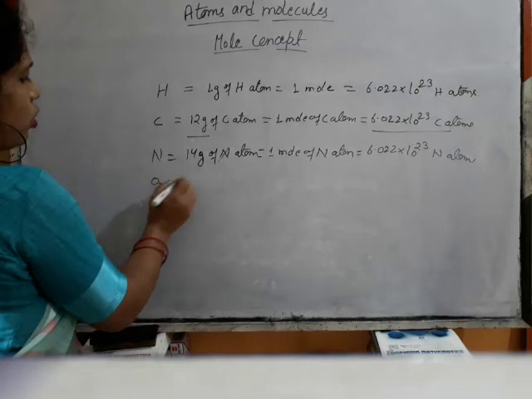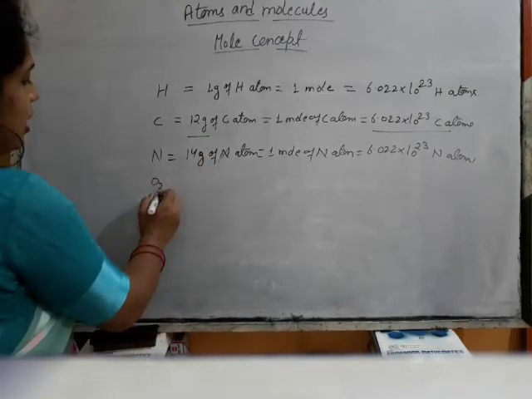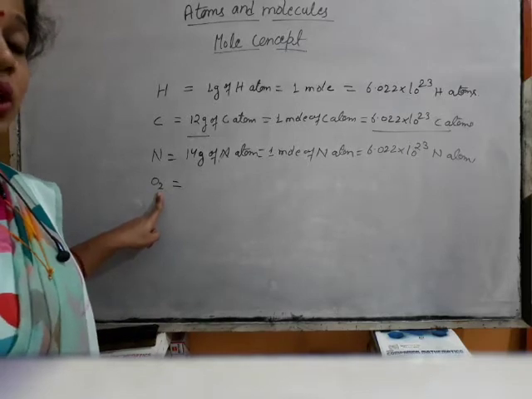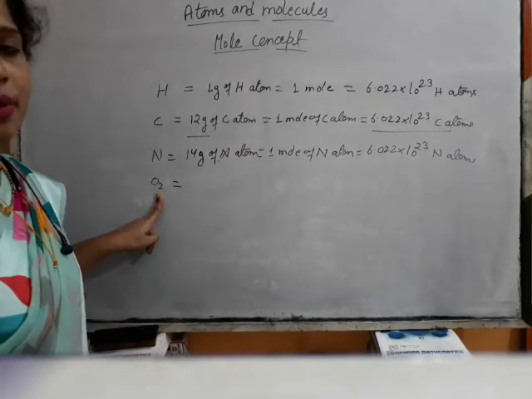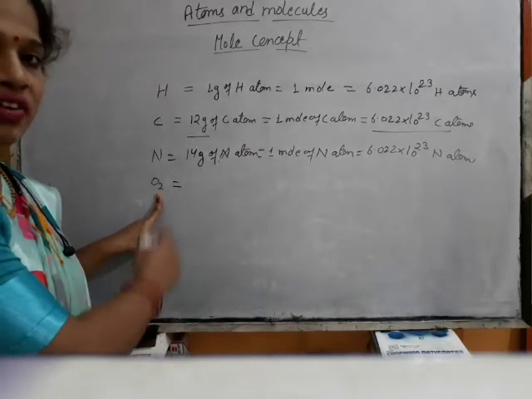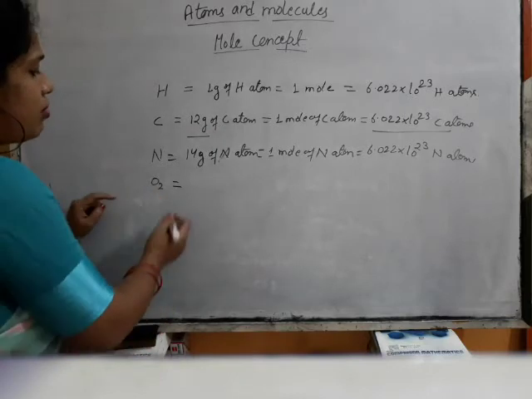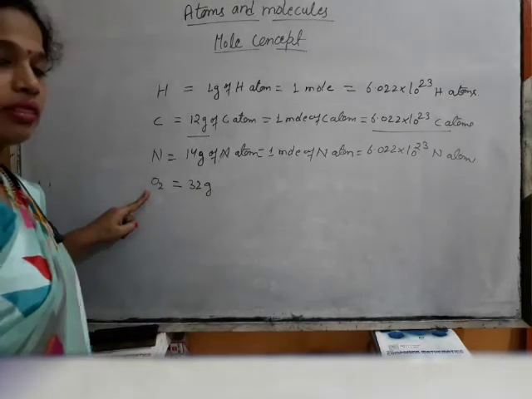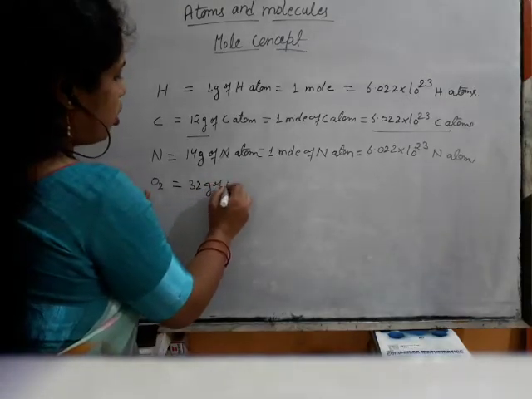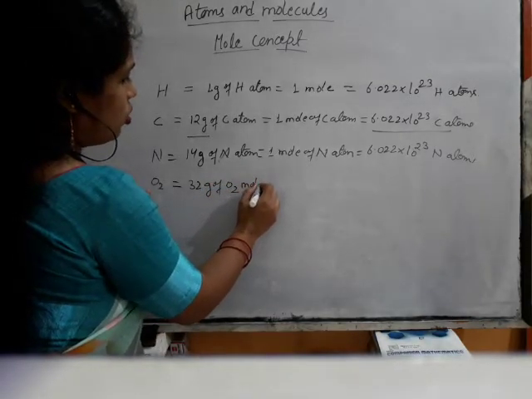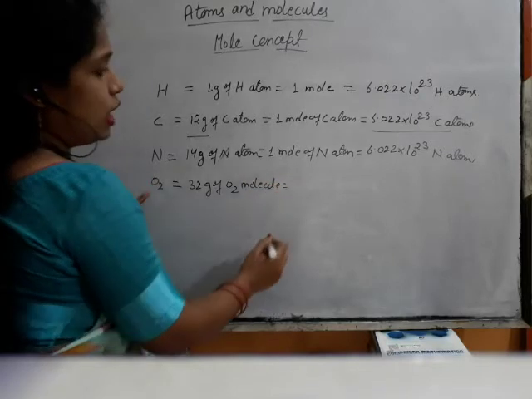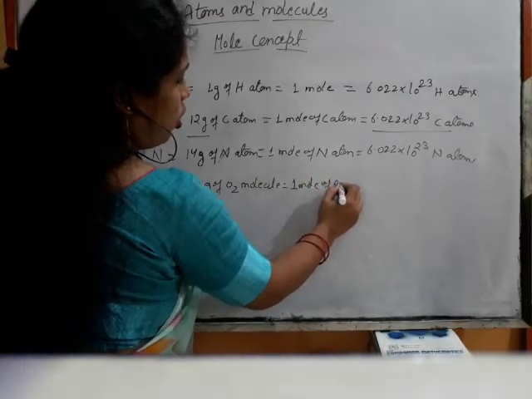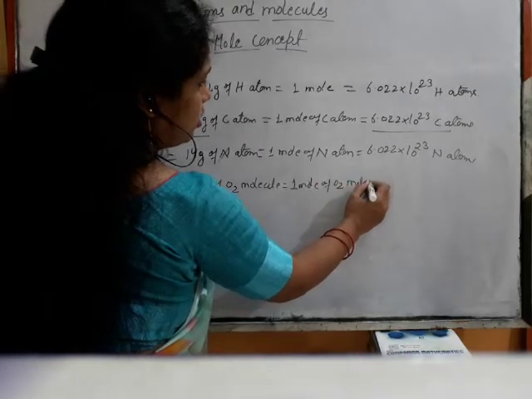Let us start with oxygen. This is O2. So what is the gram molecular mass of oxygen? Just as we discussed before, the gram molecular mass will be 16 into 2, that is 32 grams. 32 grams of oxygen molecule is equal to 1 mole of oxygen molecule.